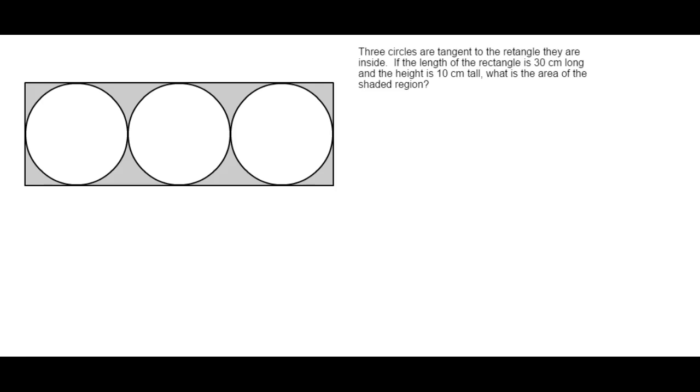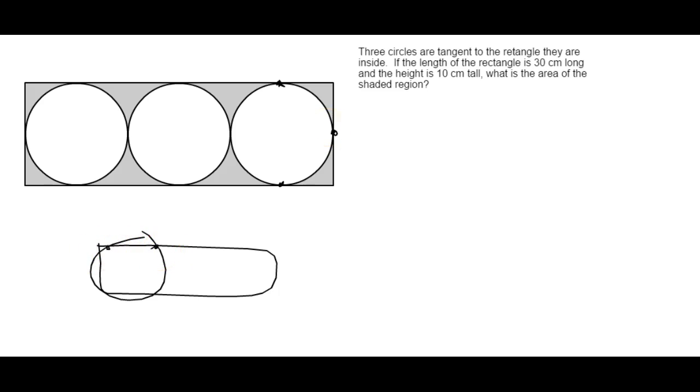They can also give you a couple of shapes together. So here we have a rectangle and 3 circles. They are tangent to the rectangle, meaning they touch barely once. It's not that they are going through and it's hitting the circle at multiple spots on the circle.